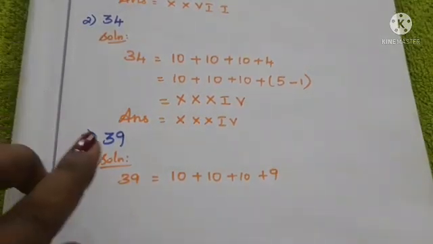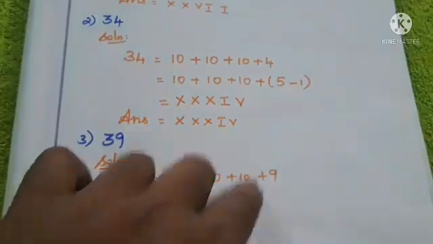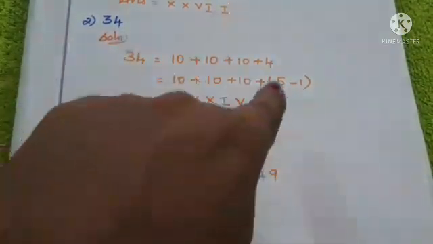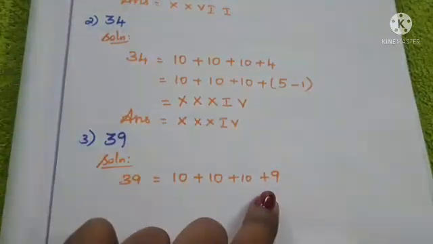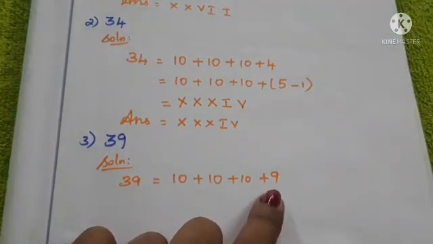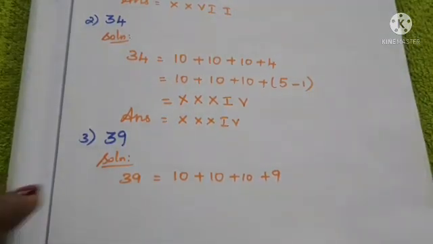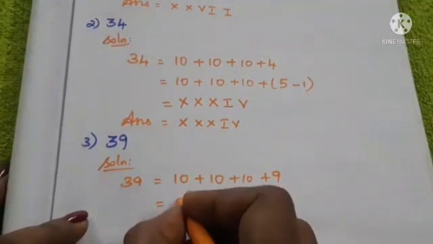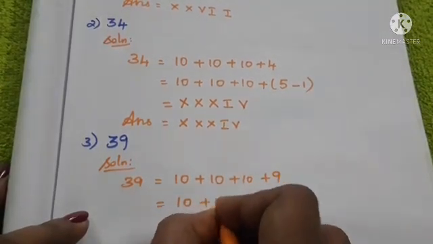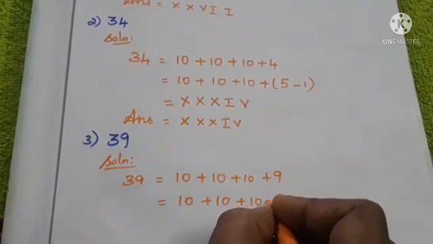Listen, only for the 4 and 9 we write like this. 4 means 5 minus 1. For the 9 we write 10 minus 1. Here also we write one more step, that means 10 plus 10 plus 10. How to put the plus?